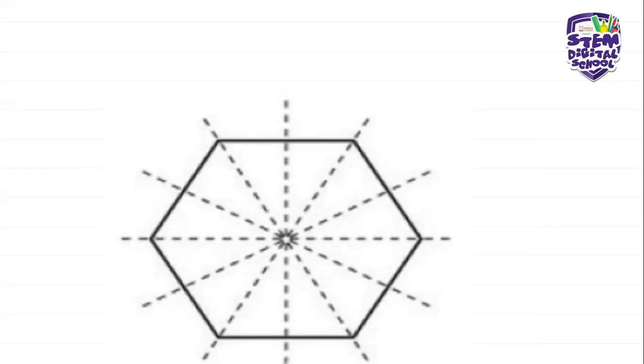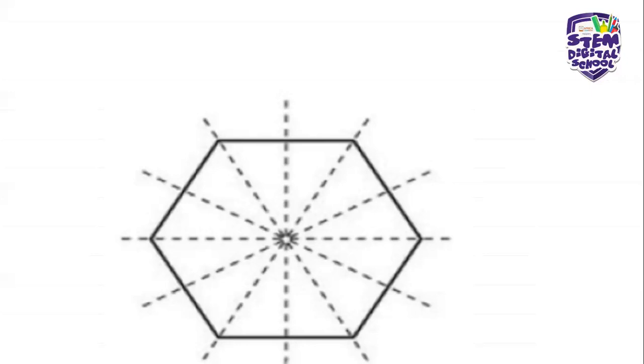If you select any line and cut your hexagon into two, you will see that one half will be able to fit exactly on top of the other half. And that is what we mean when we talk about the line of symmetry.